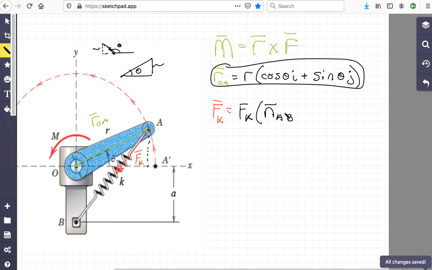All right. So, well, how do we get the unit vector of AB? So that's another tricky scenario. So we can say that the unit vector n of AB is equal to the R vector AB divided by the magnitude of the R vector AB.